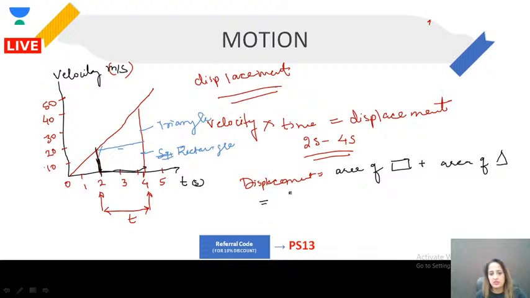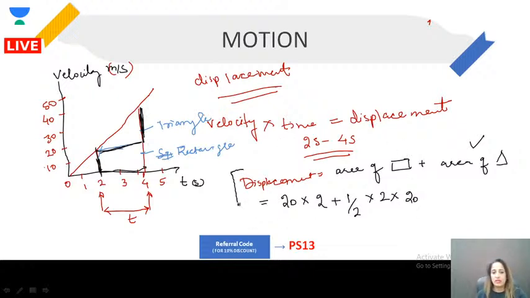Okay, so this is 20 into 2, plus the area of the triangle, which is half of one side, that is 2, into half of this side, which is 20. So this is how we calculate the displacement.